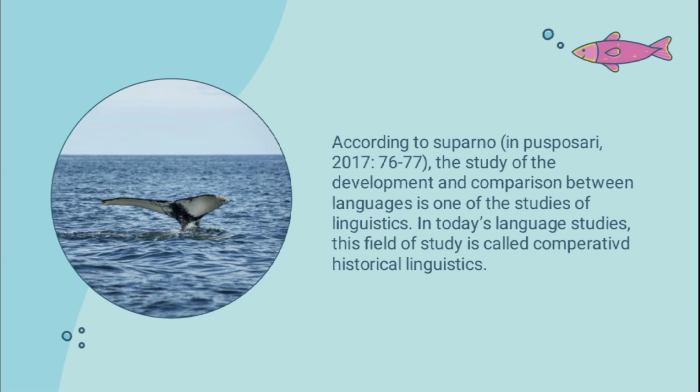And the third description is from Suparno. Historical comparative linguistics is the study of the development and comparison between languages, one of the studies of linguistics. In today's language studies, this field of study is called comparative historical linguistics.